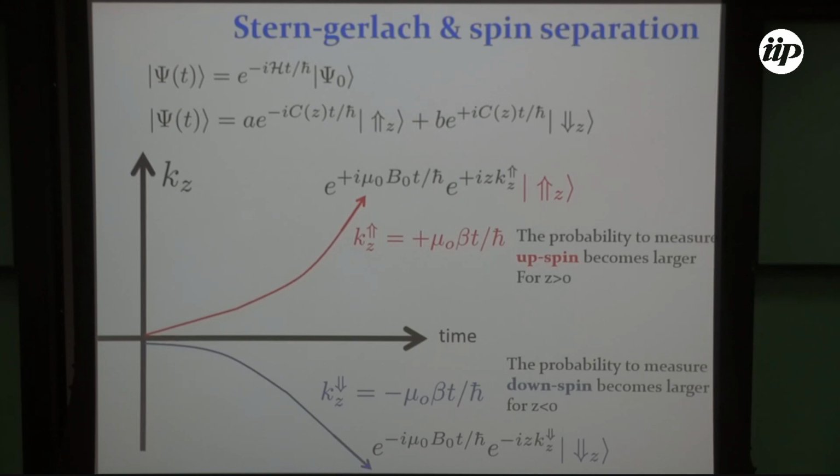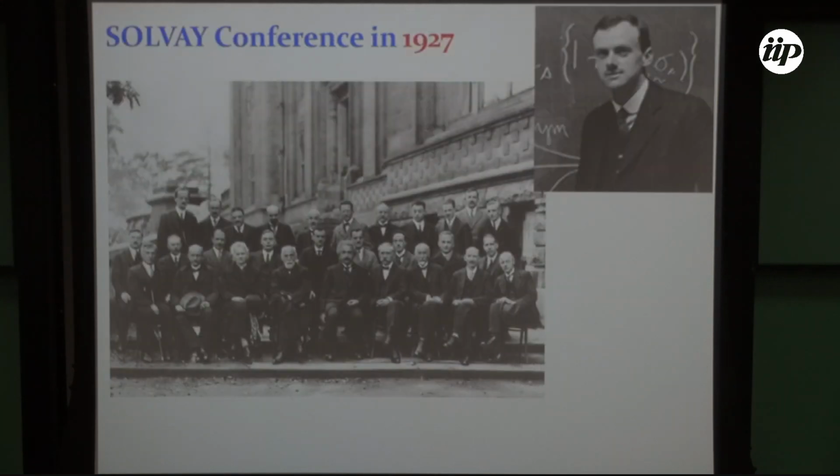That says that your probability to measure up spin in one direction will increase in time, while for the other spin population, its probability will increase in the opposite direction. So this inhomogeneous magnetic field is just separating up and down somehow. So this is a Stern-Gerlach, but as we will see later, an effective magnetic field like the one created by spin-orbit coupling interaction is somehow playing a similar game.